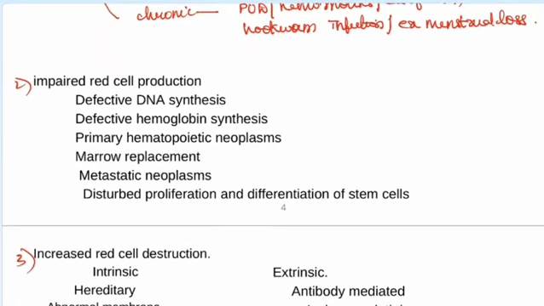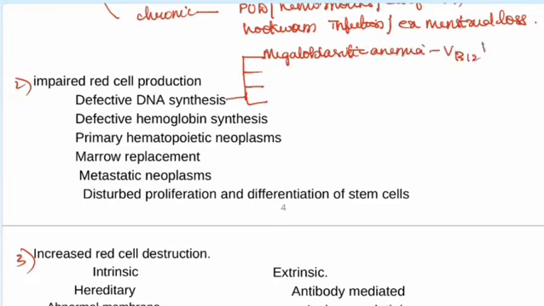Impaired red cell production. It is seen in defective DNA synthesis, megaloblastic anemia. Megaloblastic anemia is due to vitamin B12 deficiency or B9 deficiency, where there is decreased DNA synthesis.